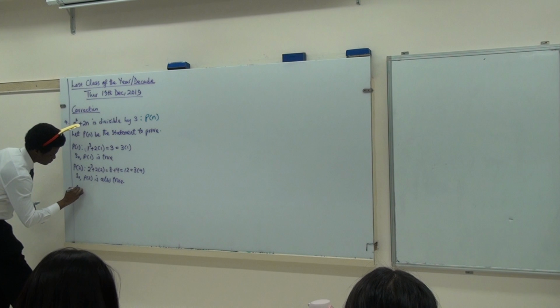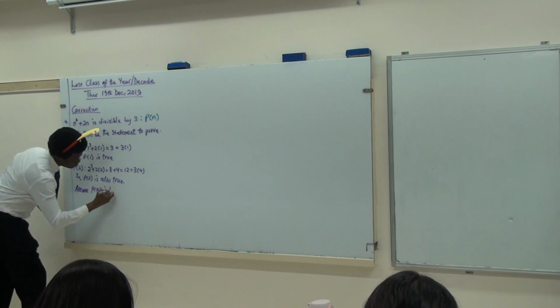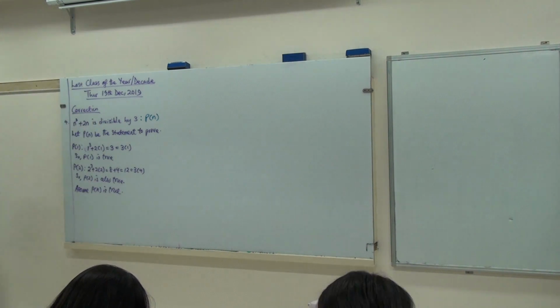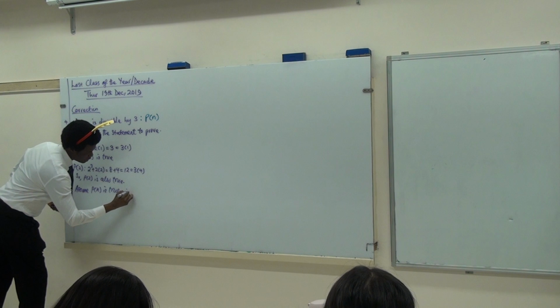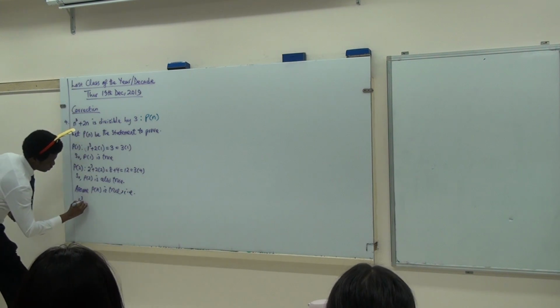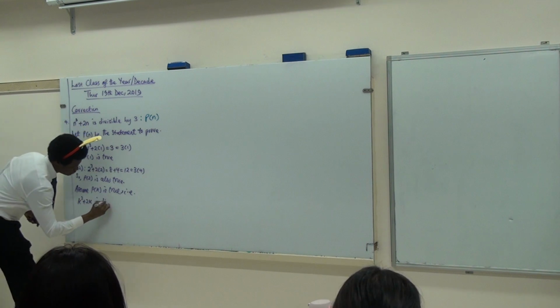Now we assume Pk is true. This is our inductive hypothesis. We will assume that Pk is true. What does that mean? That means that k cubed plus 2k is divisible by 3.